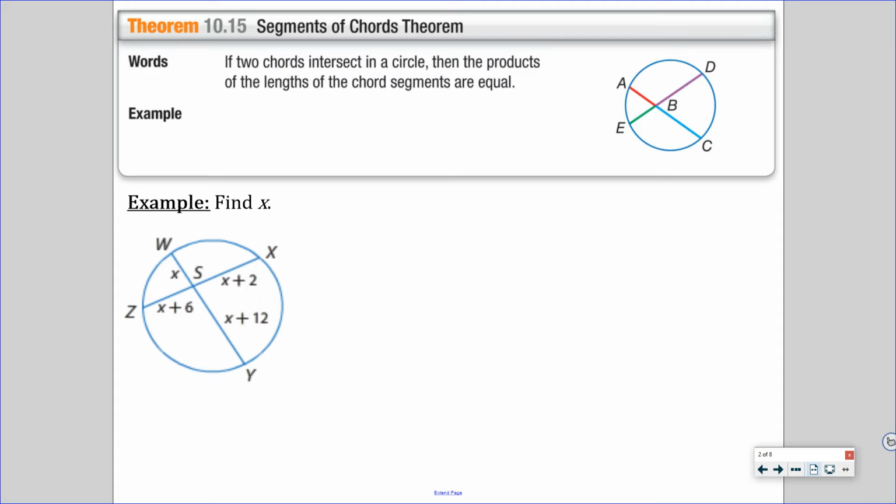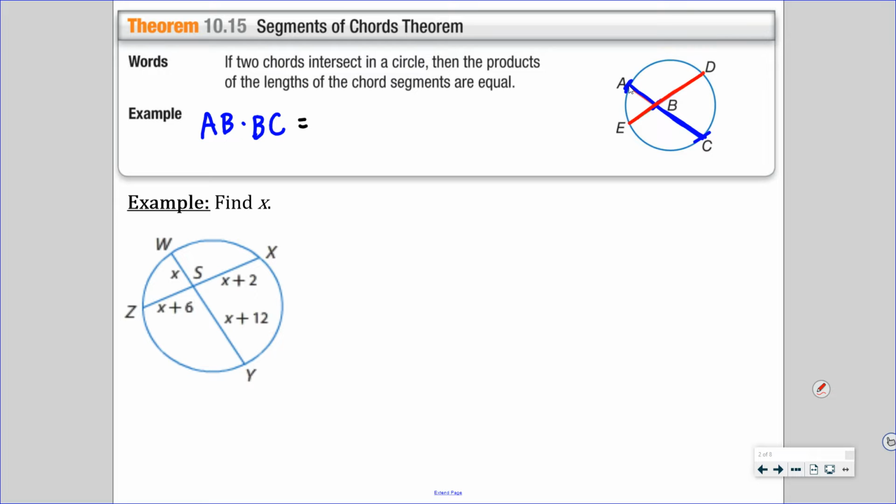All right, so here's our first rule, first theorem. If you have two chords that intersect, the products of the lengths of each segment are equal to each other. So if I have this chord, this segment length, AB, the product of that segment length and this segment length, BC, is the same as the product of the other segment lengths.